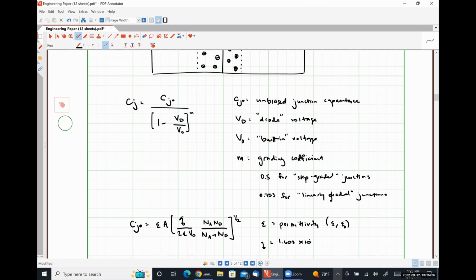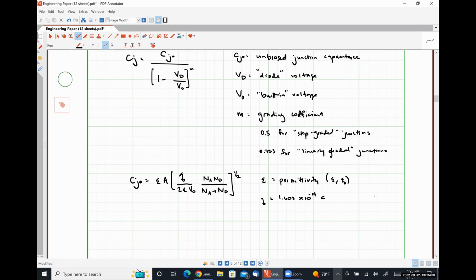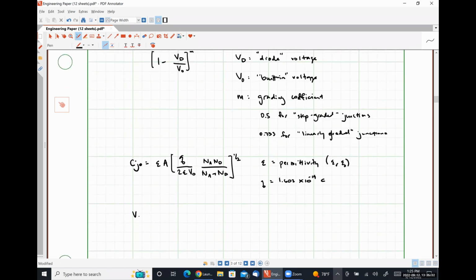1.602 times 10 to the negative 19 coulombs. And then finally, our built-in voltage V naught is kT over Q times the natural log of NA ND over Ni squared, where kT over Q is often called the thermal voltage, 26 millivolts.